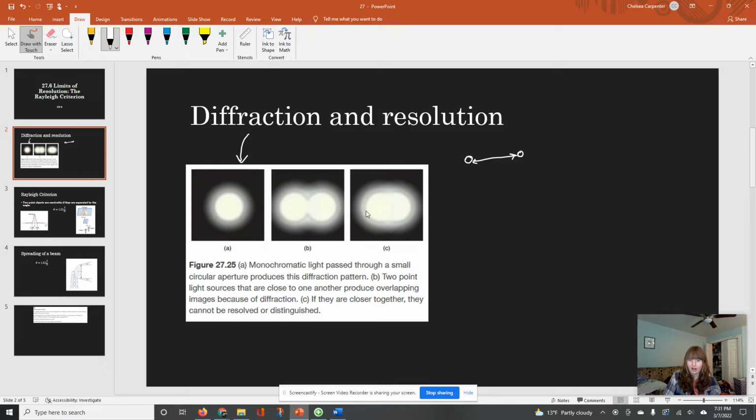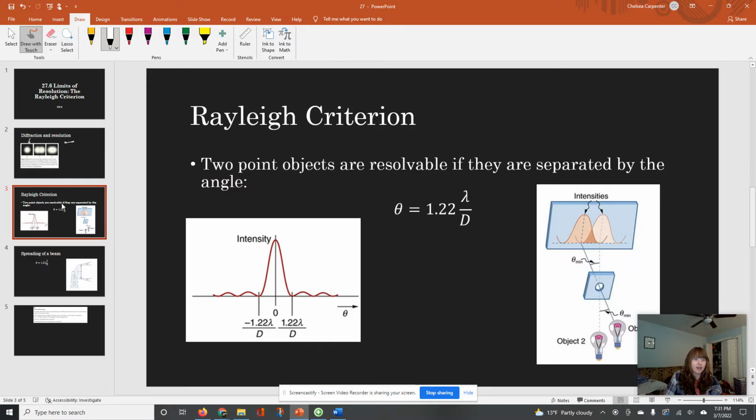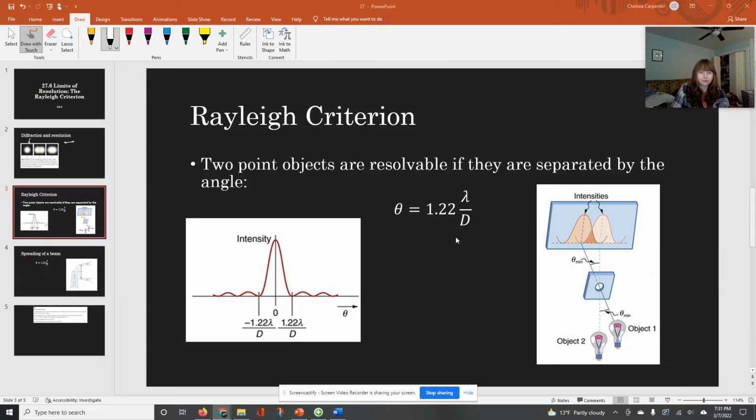It looks more like one oblong object. So the Rayleigh criterion describes that minimum distance between the objects in terms of the angle between the two, so that they are resolvable. So resolvable just means that we can distinguish them from each other.